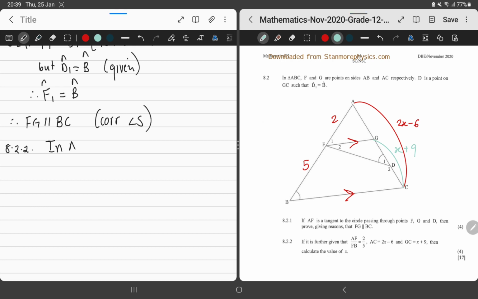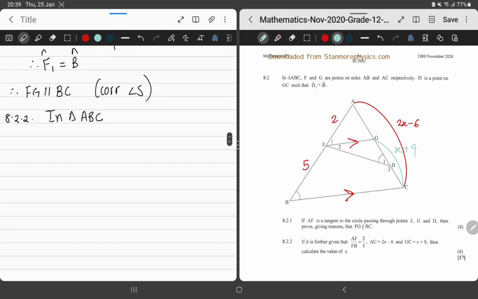So in triangle ABC, we are given the length of AC over GC. So AC corresponds with AB, and then GC corresponds with FB.